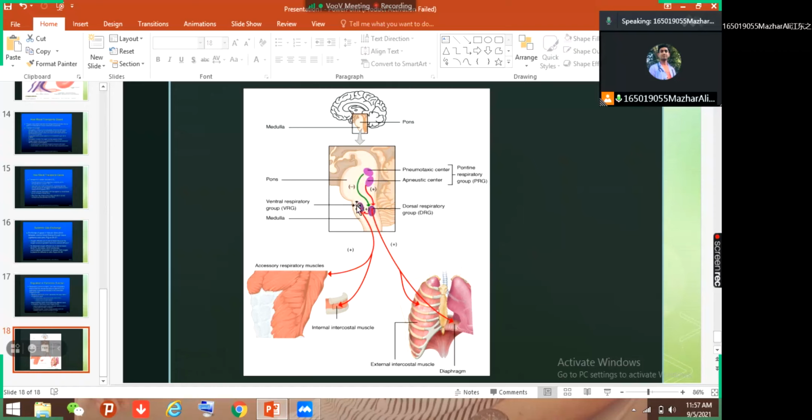It does not directly stimulate it; it stimulates the ventral respiratory group indirectly. Firstly, the pneumotaxic center inhibits the apneustic center to inhibit inspiration, then it inhibits the dorsal group, and then it stimulates the ventral respiratory group. The ventral respiratory group goes to the intercostal muscles that cause expiration, and the accessory respiratory muscles that cause expiration.